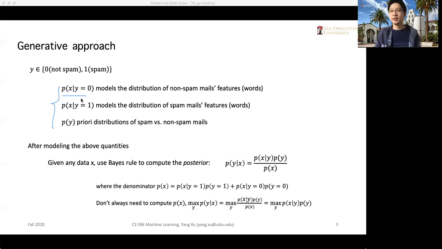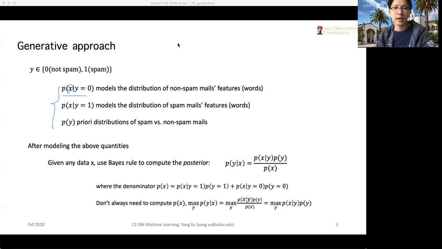We can represent an email with different kinds of features. So for this feature vector x, there is a whole bunch of possibilities. Like we can use all the words, all the bigram terms, trigram terms, even the dates, the subject words, and so on. And we need to figure out different ways to combine those features.